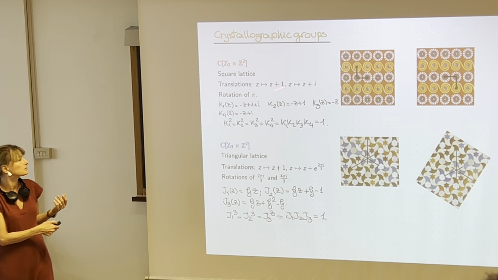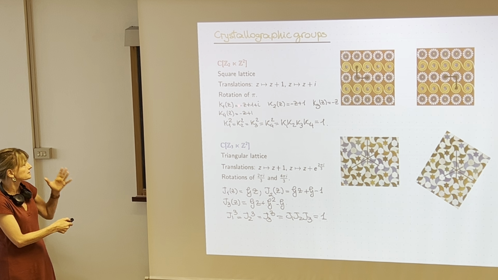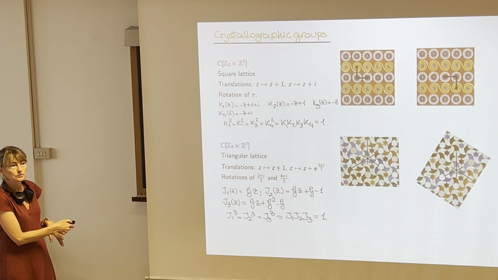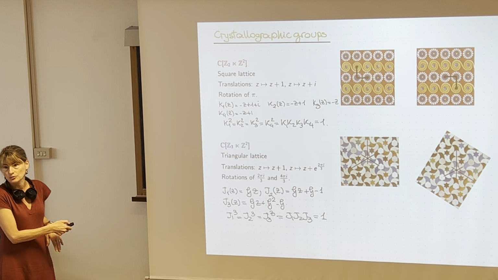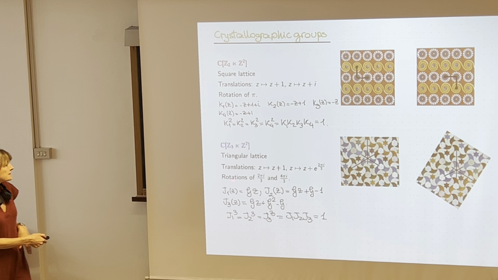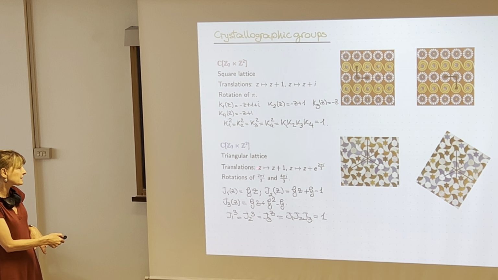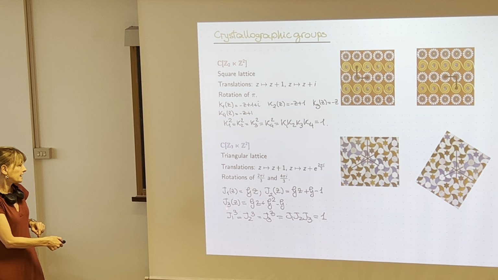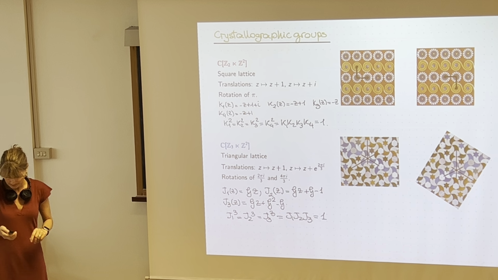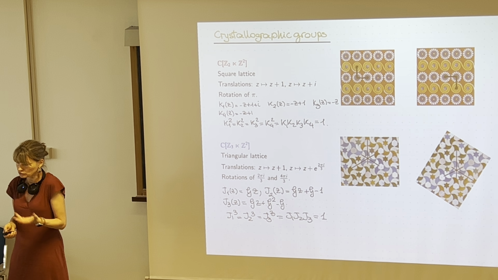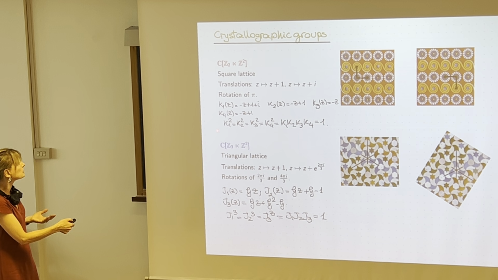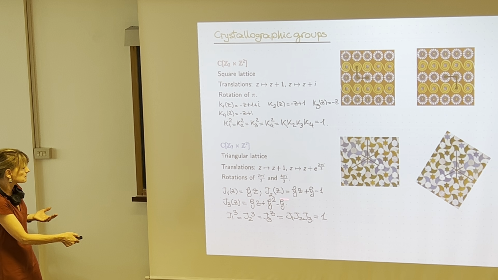What I like about these other generators of the same group is that they are reflections, so the square of each of these generators is 1, and then the product is also 1. And the same here, you can introduce now 3 generators, which are not reflections, but the cubic power is 1, and the product is 1. So we have two groups, and I've given you the presentation of these groups.